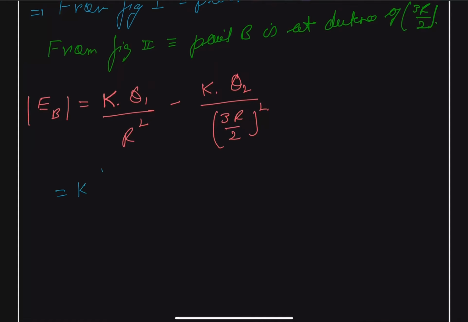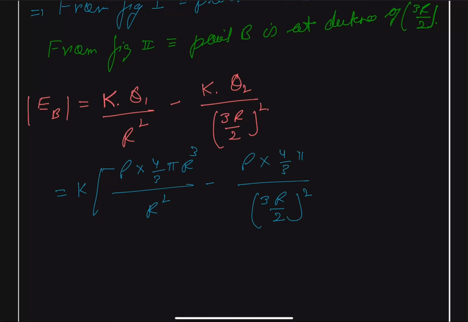So Q1 is rho multiplied by 4 by 3 pi r cube, with r square in the denominator, minus rho times 4 by 3 pi (r by 2) cube over (3r by 2) whole square.